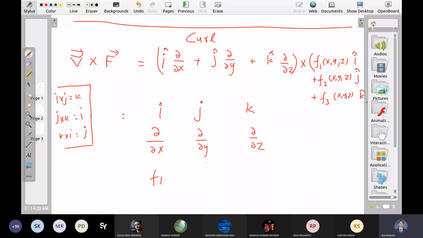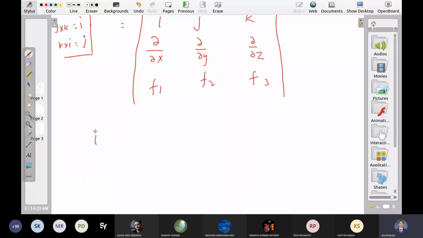So what we get now? i cap here, and how much do we have now? Del f3 upon del y minus del f2 upon del z, right? For j, what we get?